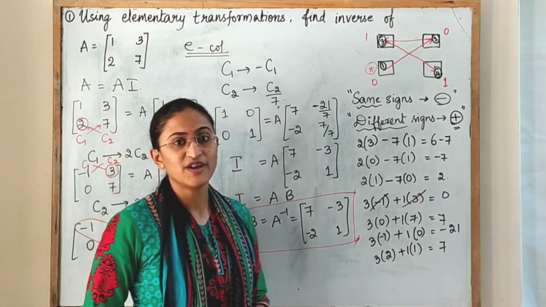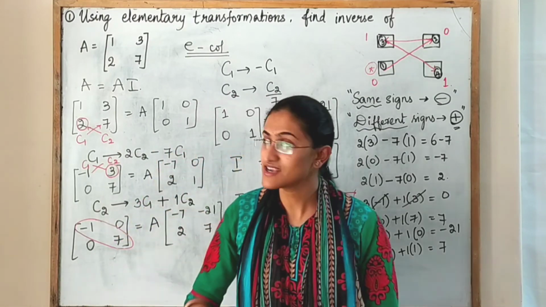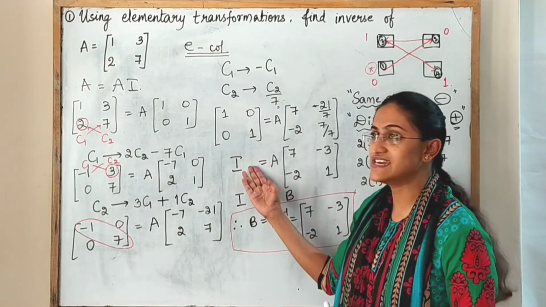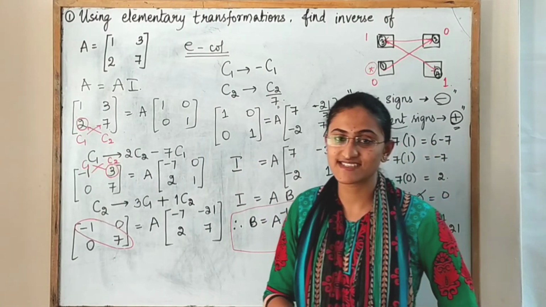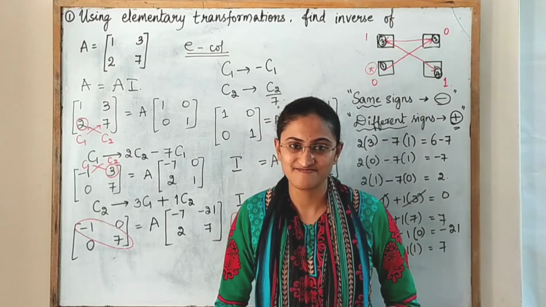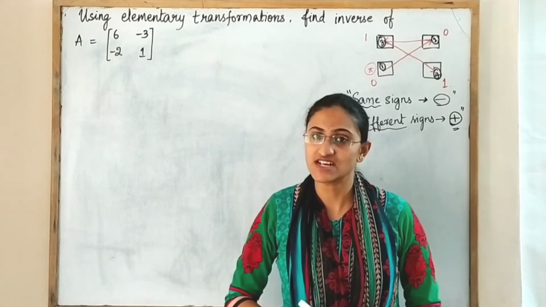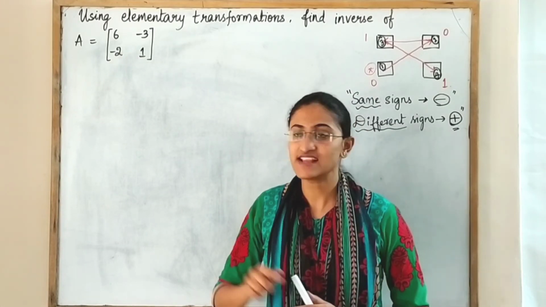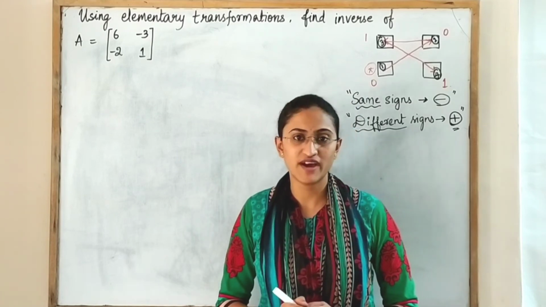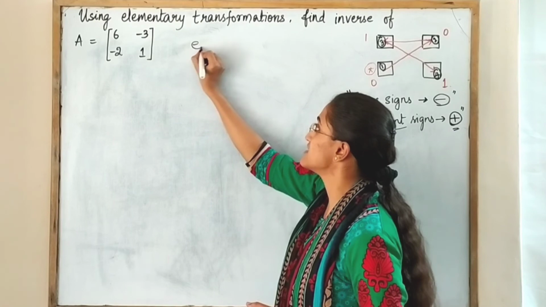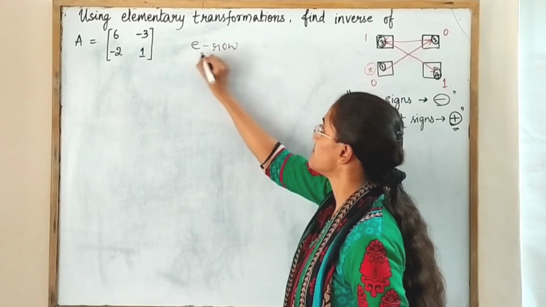This is how you can convert a given matrix in the LHS into the identity matrix in just 3 steps using this pattern. We have been given a matrix, and using elementary transformations, we need to find the inverse of this given square matrix of order 2 cross 2. We shall start with elementary row operations.